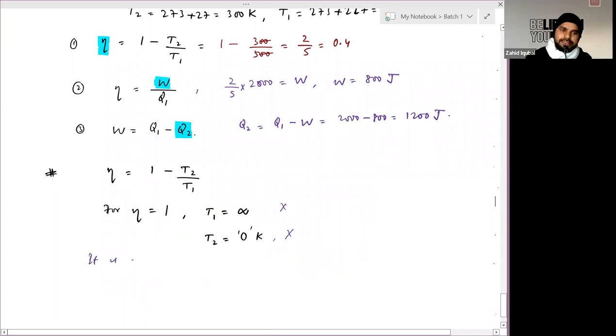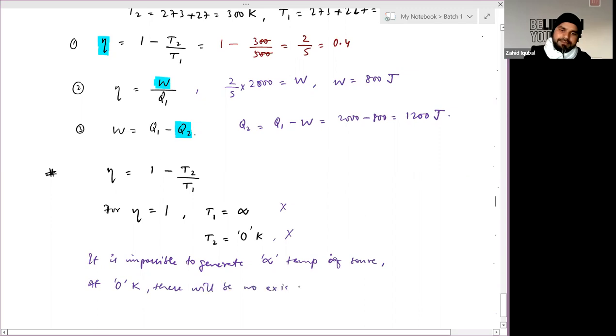So first, it is impossible to generate infinite temperature of source. And second, at 0 Kelvin, there will be no existence of matter.